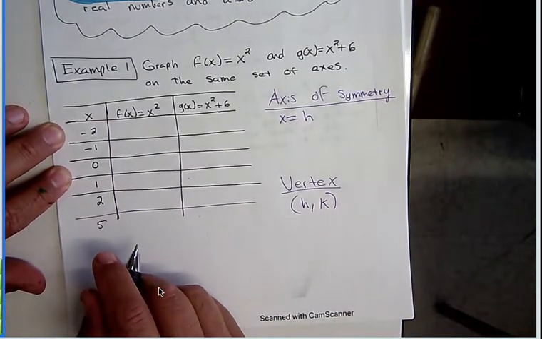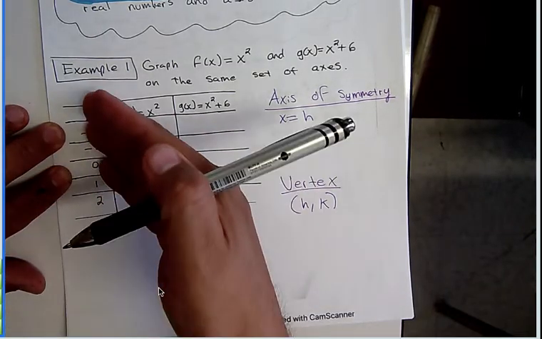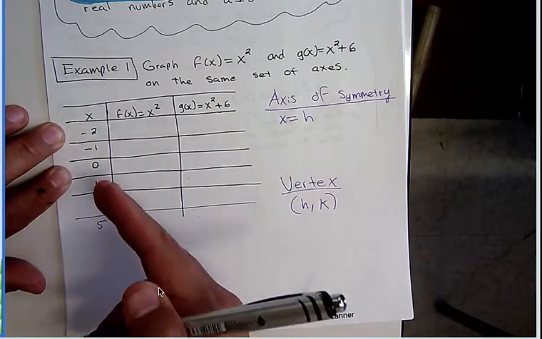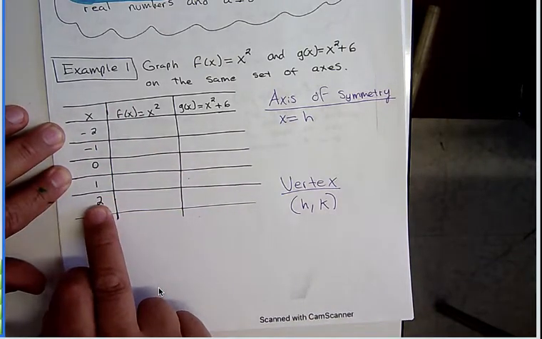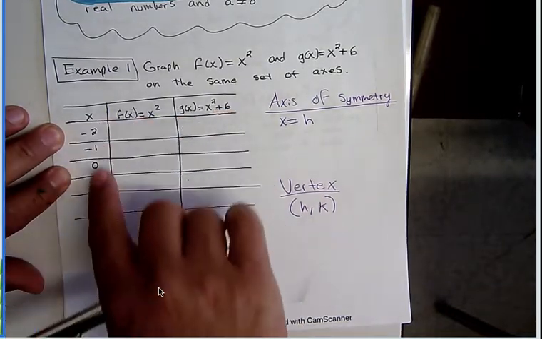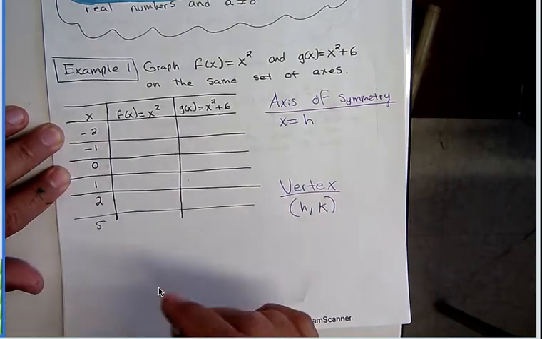It doesn't matter. I would say always pick negatives and positives, with the negatives matching the positives, so -2, 2, -1, 1. Try to include 0 all the time.